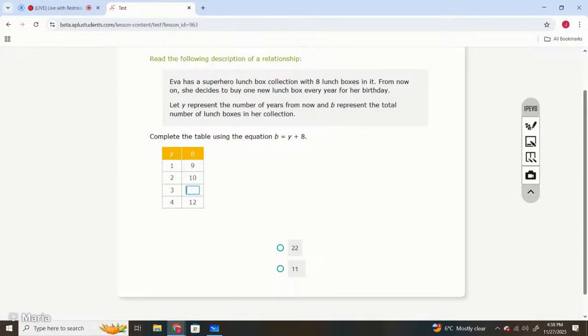Complete the table using the equation B equals Y plus 8. So when Y equals 3, B equals 11. Option number 2 is the correct option.